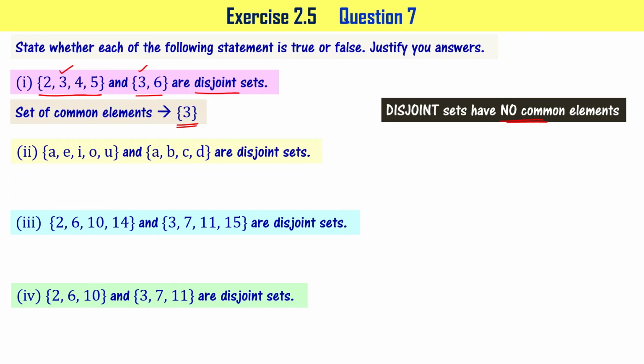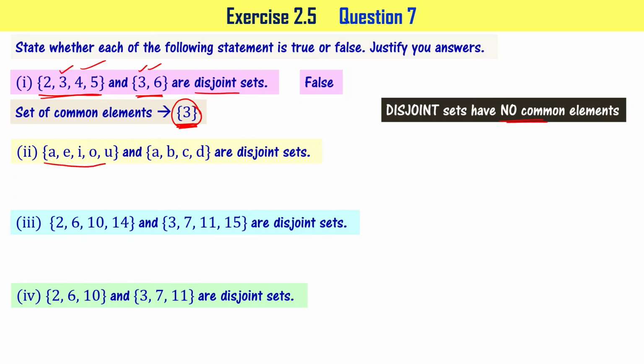Only if it is a null set can we say the two sets are disjoint. But it has one element. It is not a null set. That's why the given statement is false. It means these two sets are not disjoint sets.